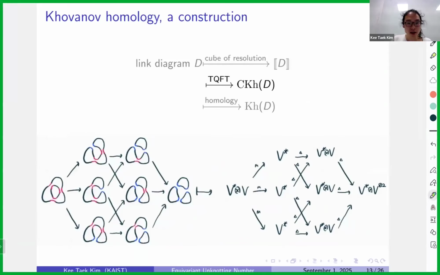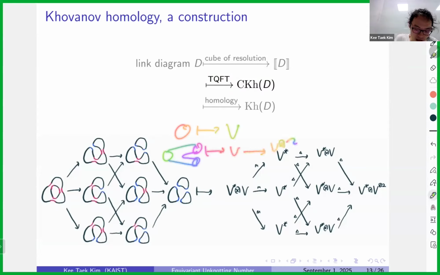Then we can apply TQFT on the cube of resolution. TQFT is simply: we assign a module V to each circle, and each cobordism gives maps between modules. There are several ways.